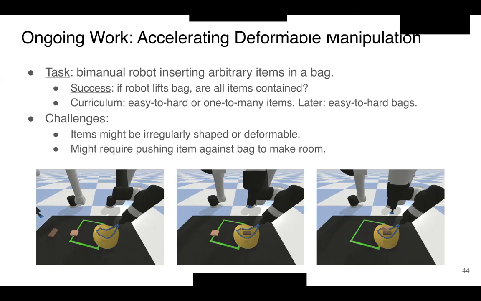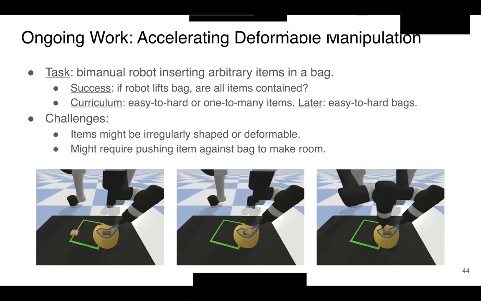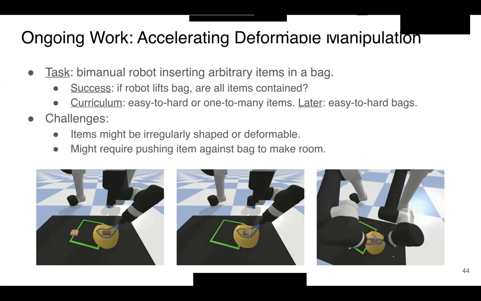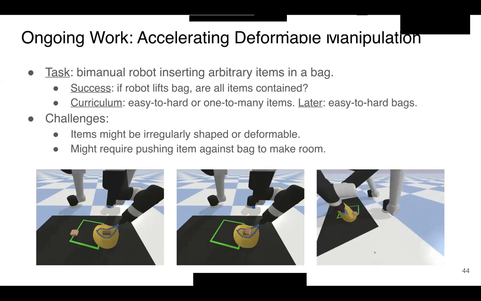There are extra challenges that come with putting multiple items in a bag. If you imagine this example where the robot is putting in 1 and then 2 items naively, like putting it near the center of the bag opening, the second item goes on top of the first. So when the robot tries to lift the bag up, the second item falls out.